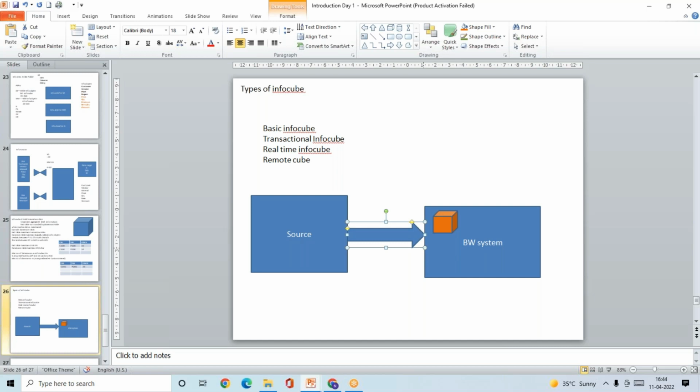That's fine. Why? Because the main purpose of your BW system is to perform analysis, and analysis can be done on historical data. That means I will be having the data for 10 years, 5 years. Based on your reporting requirement, we store the data for so many years in the BW system.